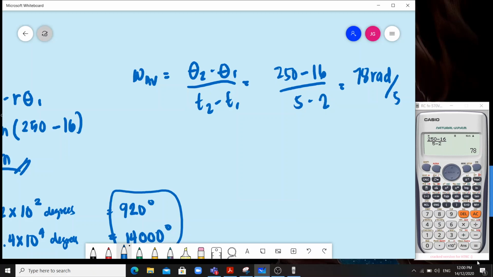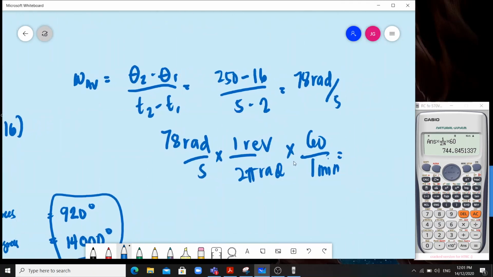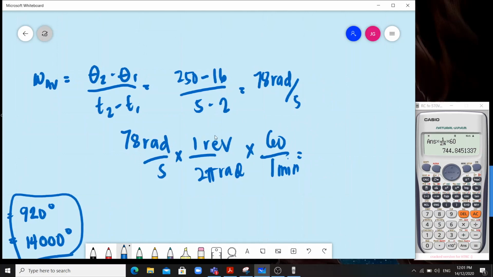Now we can convert it to revolutions per minute. 78 radians per second times 1 revolution per 2 pi rad, times 60 seconds per minute, which is 744. Looking at significant figures, the fewest is two, since the constants cannot be used as a basis.